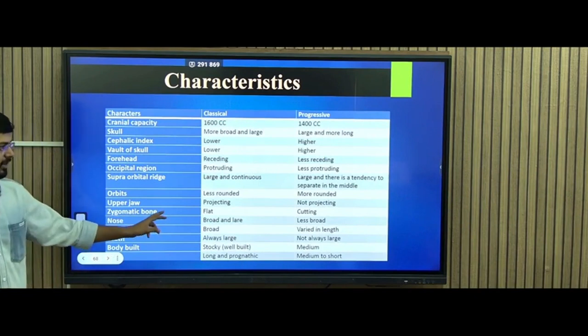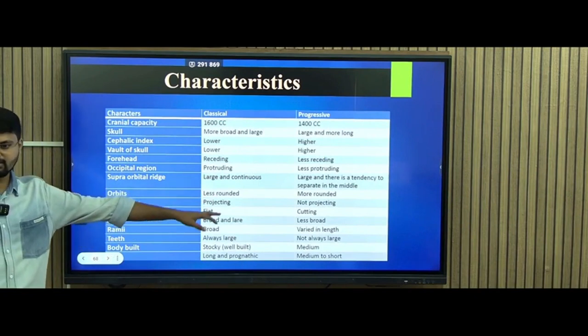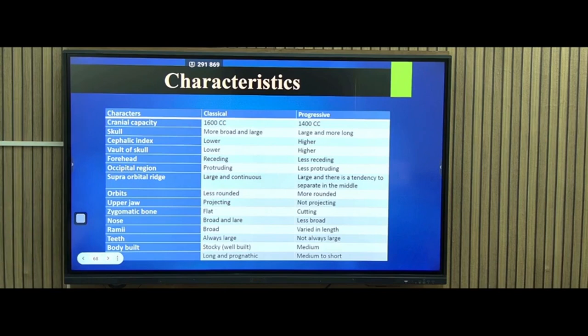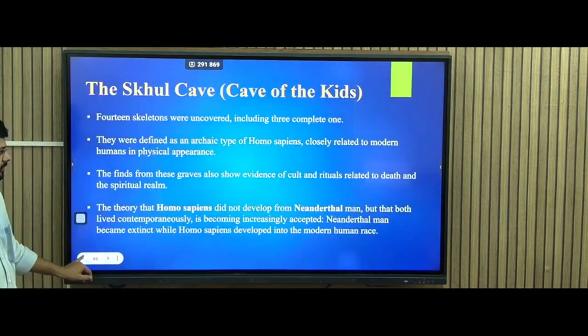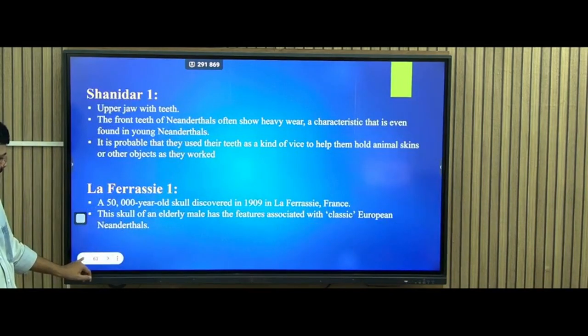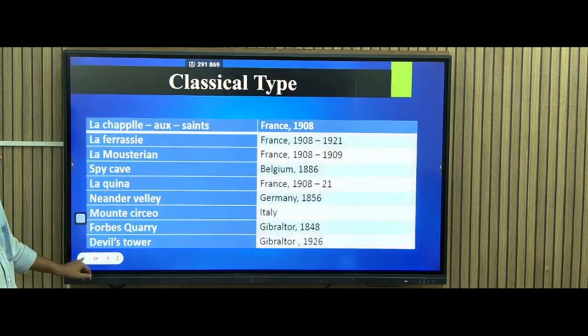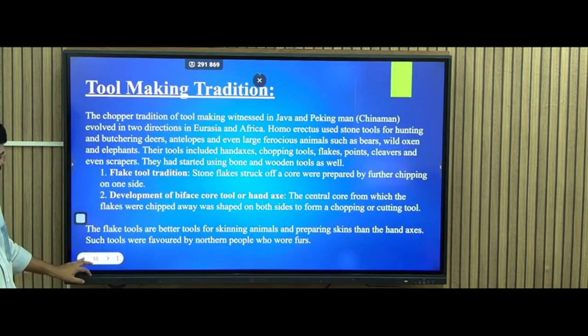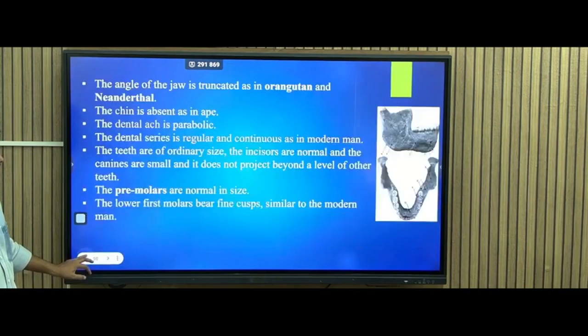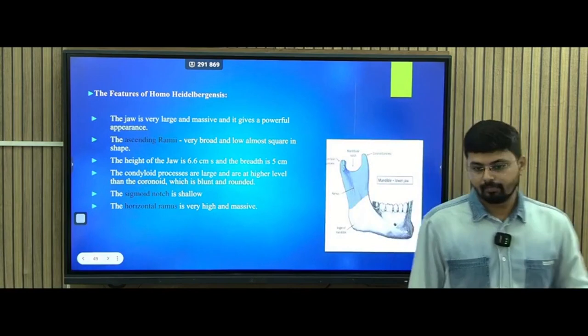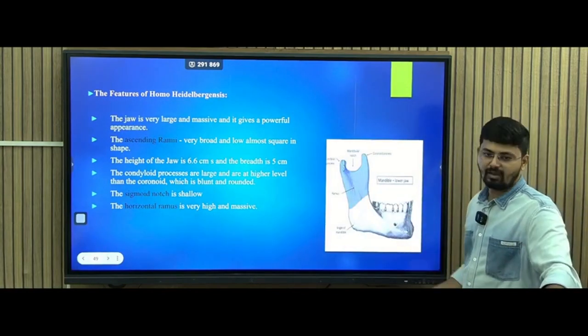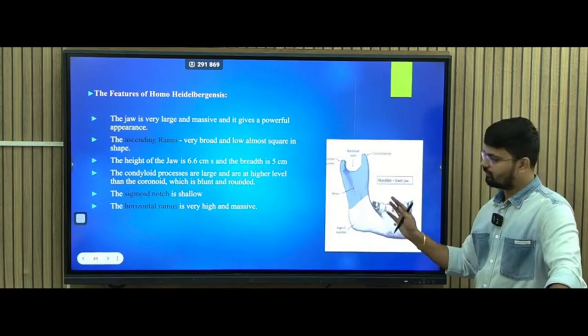You can see zygomatic bone, it is flat, there it's cutting, so it's not flat over here, it is cutting. And nose, coming to ramus, rami, yesterday I showed you the ramus, right? The plural form of it is rami, right?